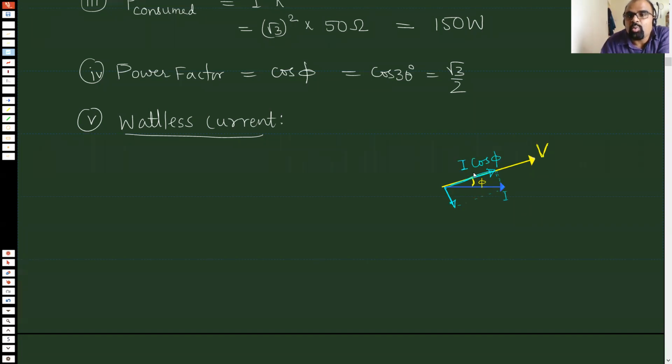Now this is not wattless current, rather it is wattful current, because power is V into I cos phi. So this component of the current is taken into account in order to find power. Even though actually there is no word like wattful, I have created that word.